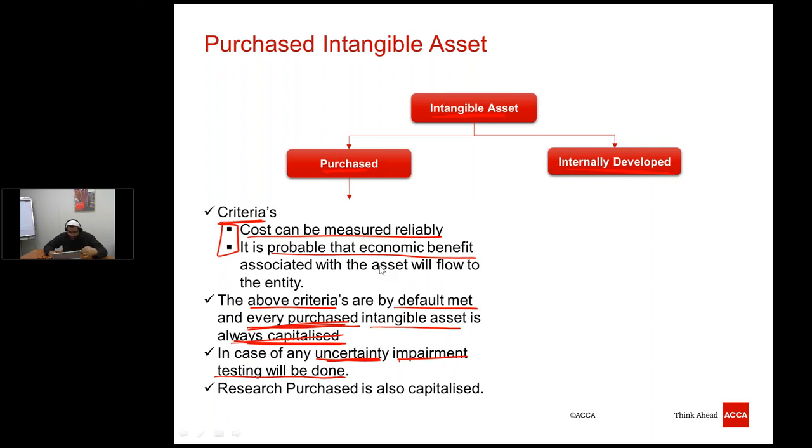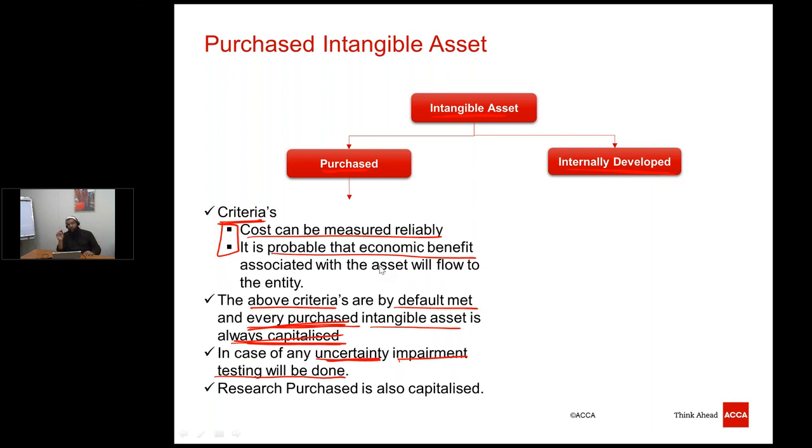Simran is saying, but if you don't know what to do, economic benefit will probably not flow, right? Yes, Simran, even if I'm not sure about what I've done, there is still an economic benefit. I can sell the asset in the market and gain cash. So if I've taken a wrong decision, this does not mean that I cannot sell it or return it.